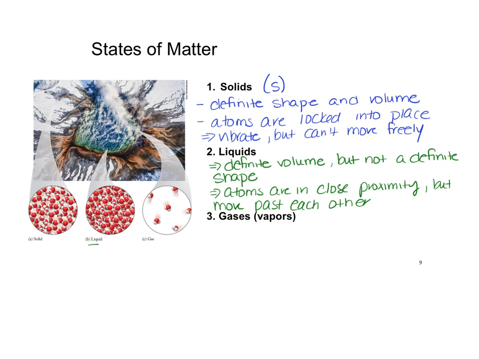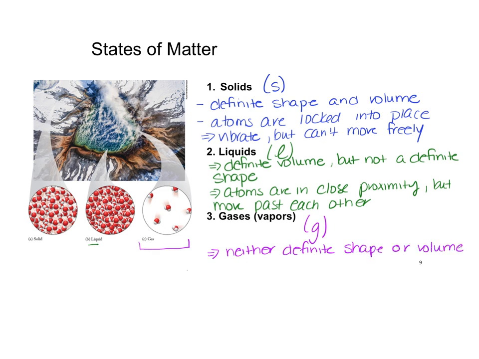Then the last phase that we're going to talk about in the screencast is gas. So when we talk about gas, this is vapors. A lot of times it's represented with a G. I forgot to tell you that the liquids are represented with an L, right? So we've got gases here. Gases have neither a definite shape or volume.